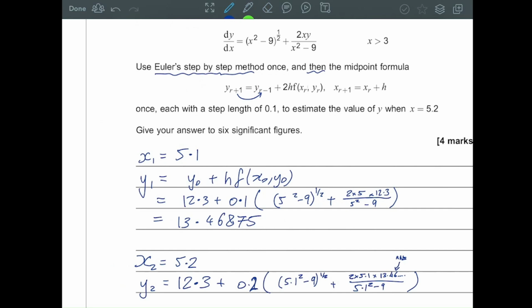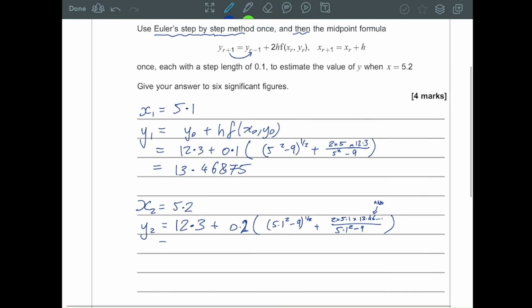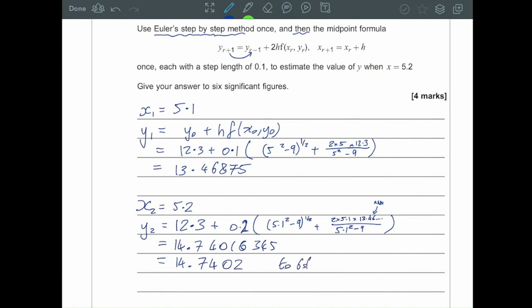Have a quick read through to check I haven't typoed into my calculator. And that's giving me 14.74016345, which I'm then going to give to the question's requested accuracy of 6 significant figures.